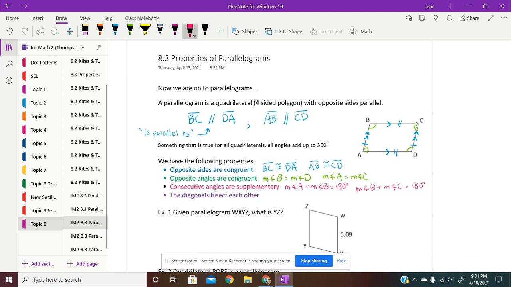Additionally true for C and D. And then to come full circle, same for D and A. So all those facts go with that third bullet point: consecutive angles are supplementary.